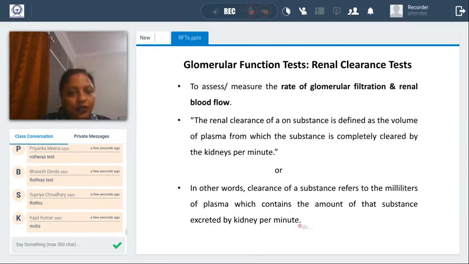It is the most important line. This is called clearance, used to assess or measure the rate of glomerular filtration and renal blood flow.